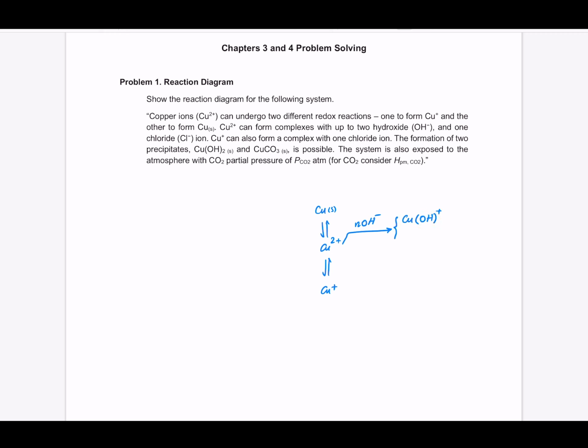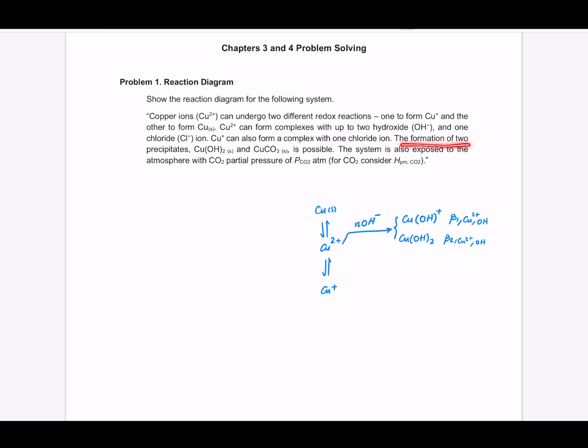The charge would be plus, and this would be beta 1 for copper 2+, of hydroxide. And also the second one, Cu(OH)2, still in the aqueous phase, so this would be beta 2 of copper 2+ with hydroxide. Then we decoded also this line.